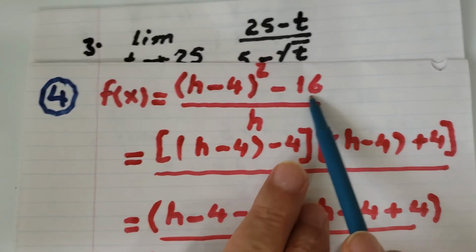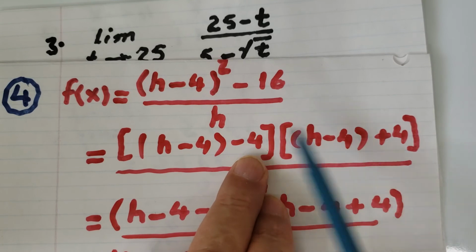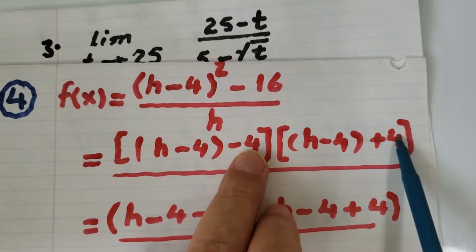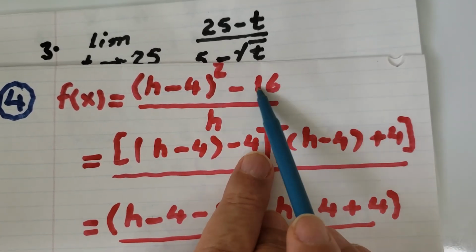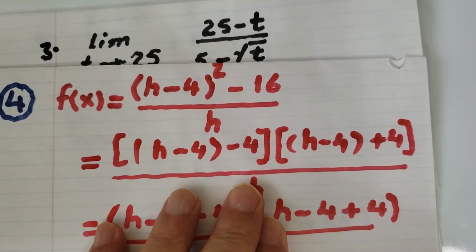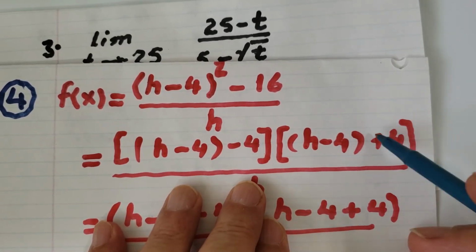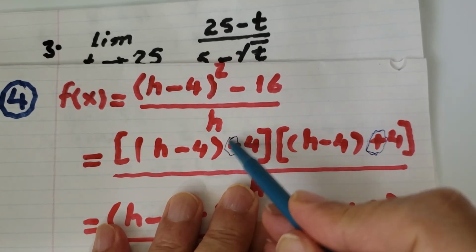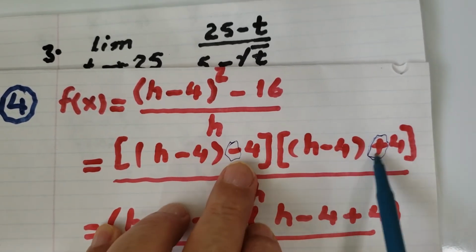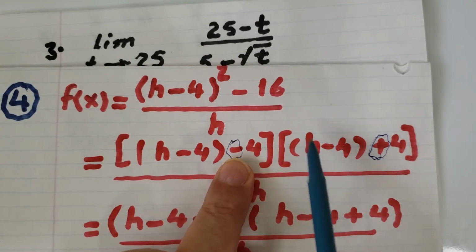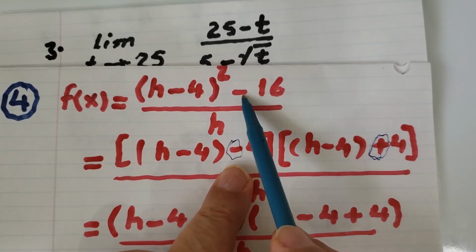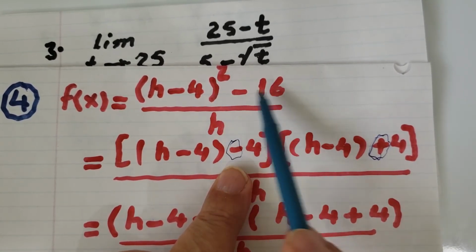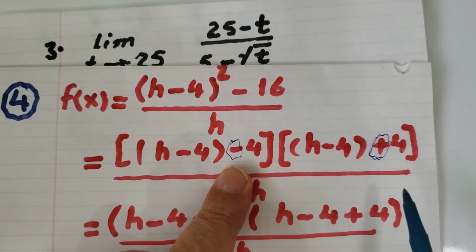And 16 will be written as 4 and 4, because when we multiply 4 and 4, it gives 16. And the signs are different, positive and negative. We always do that when we factorize a difference between two squares.